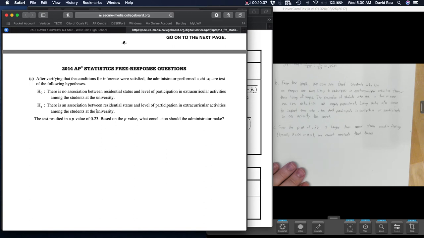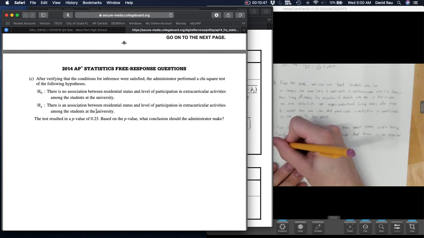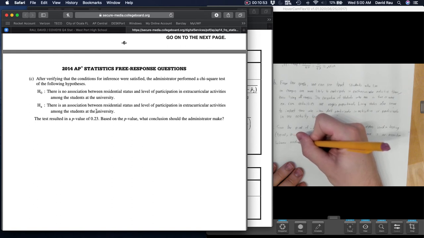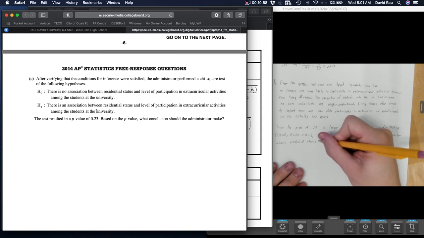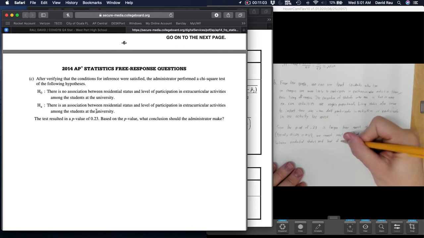So we can't conclude there is an association between residential status and level of participation in, just say, extracurricular activities.